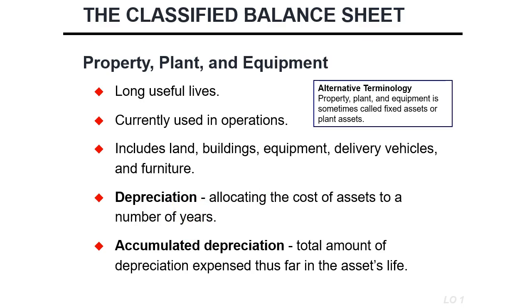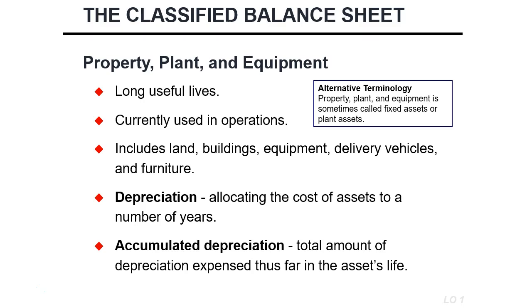It is a system put in place of allocating the cost of long-term assets over a number of years, which simply means that the cost for this building, equipment, delivery vehicles over time becomes an expense through a process known as depreciation.